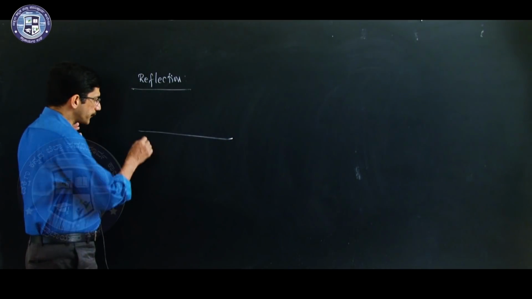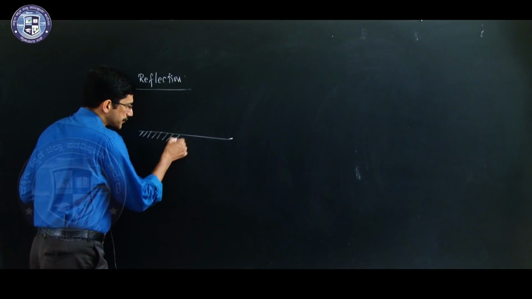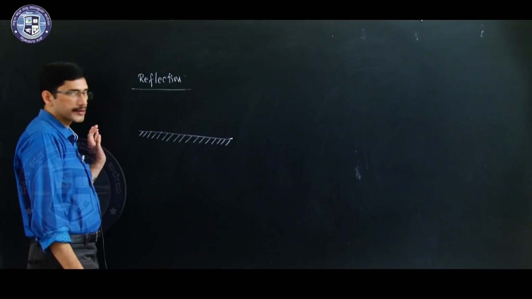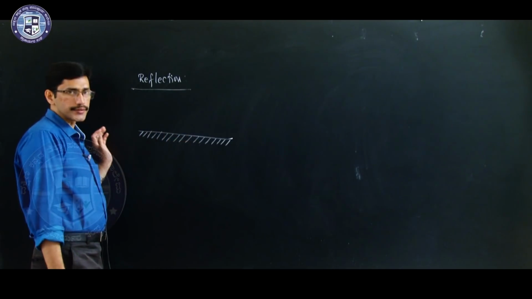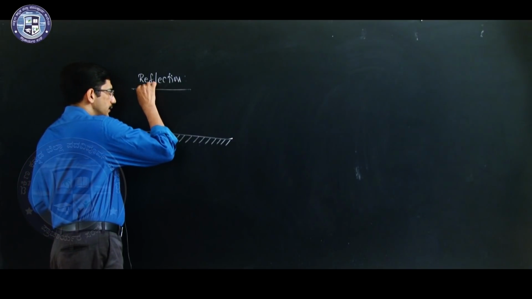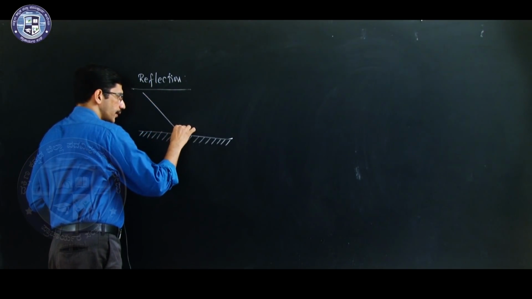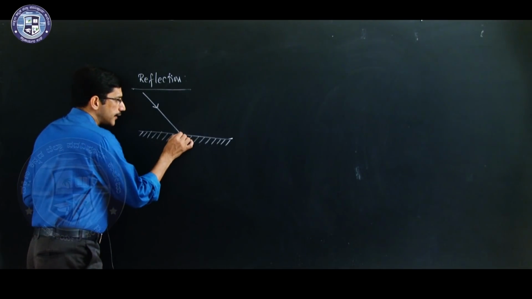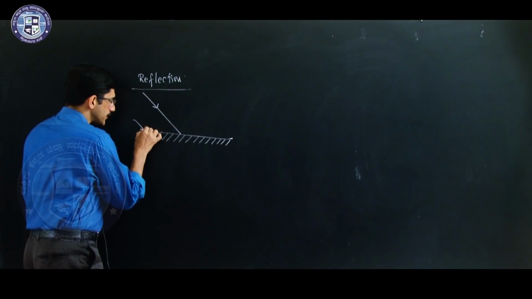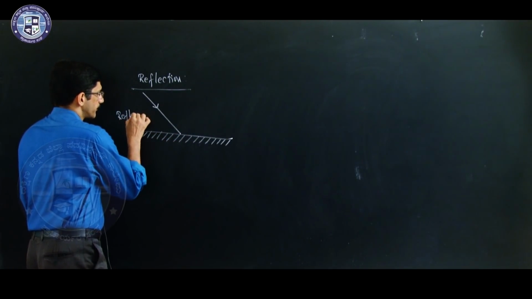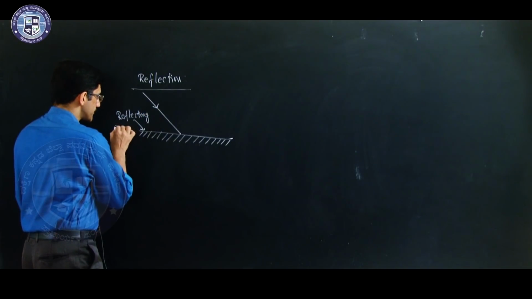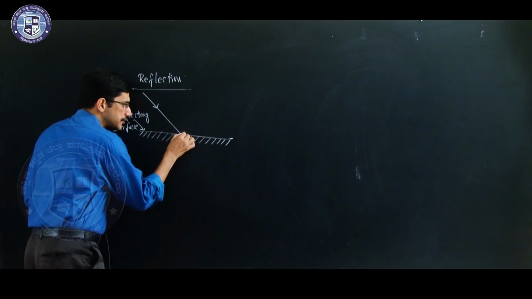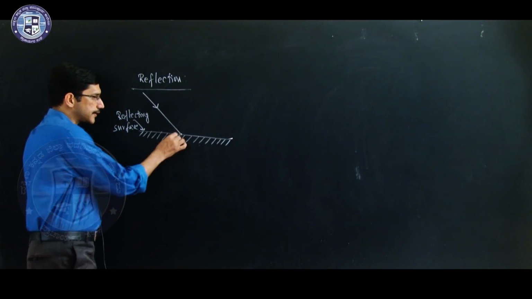Now, I will consider the plane surface, and this region is opaque. Whatever region you see here is actually the opaque region. The light cannot enter into this region, and this is a ray of light which is incident on the plane mirror or the reflecting surface. The light strikes the surface here, which is nothing but the point of incidence.